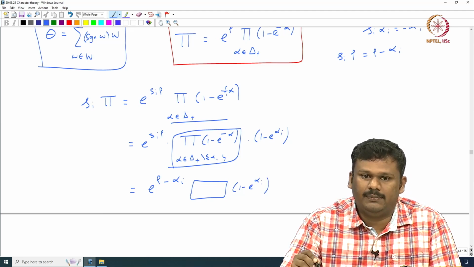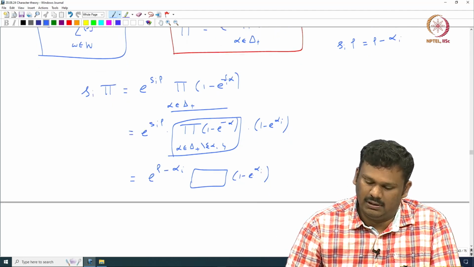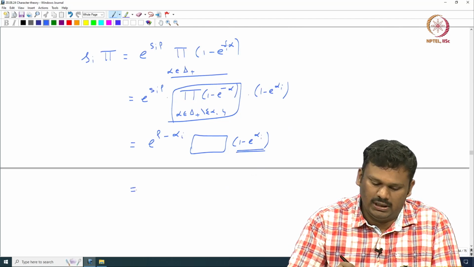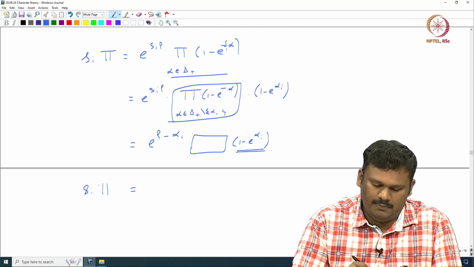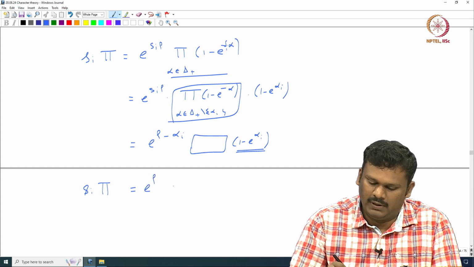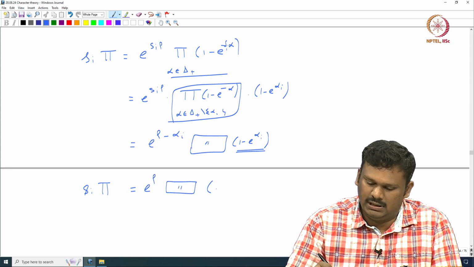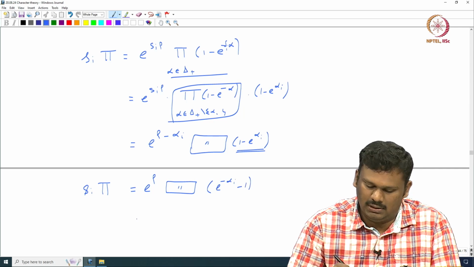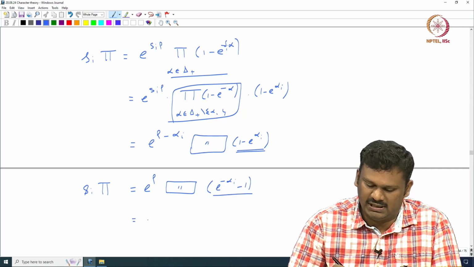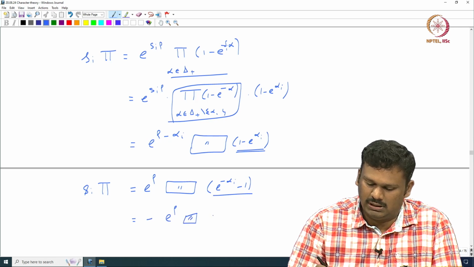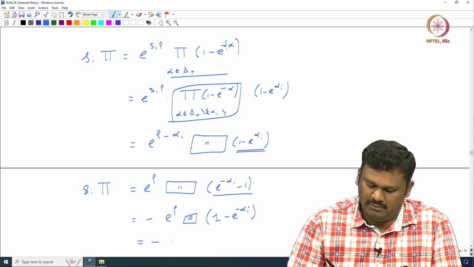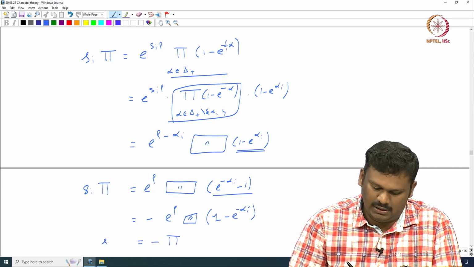Now you take this e power minus alpha_i and multiply it with this term, then you get S_i of pi equal to e power rho times, so this box comes as it is, and then this is e power minus alpha_i minus 1. If you switch this, you get the sign. So, this is minus e power rho, this box, and then 1 minus e power minus alpha_i, which is exactly minus capital pi.